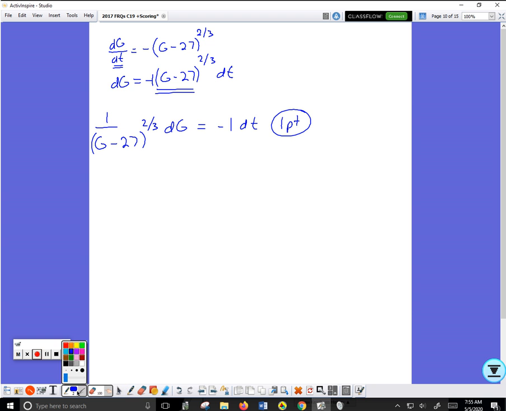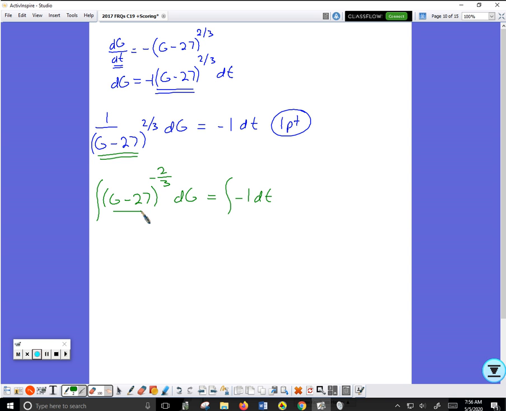Now it's time to find the antiderivative of both halves. Can't really find the antiderivative with this in the denominator, so I rewrite it as the antiderivative of G subtract 27 raised to the negative 2/3 power dG is going to equal antiderivative -1 dt.